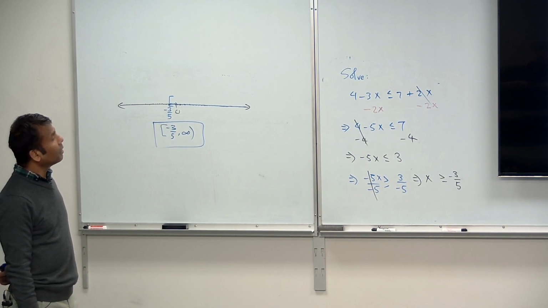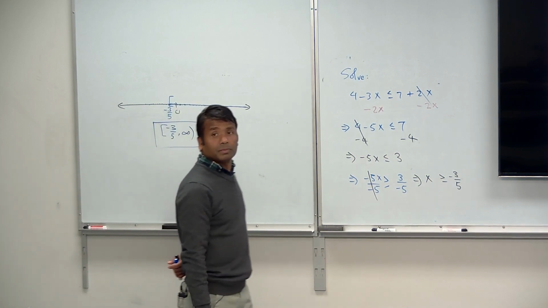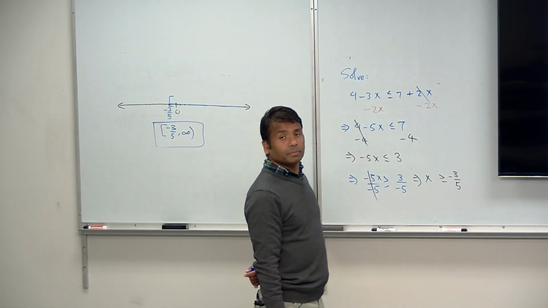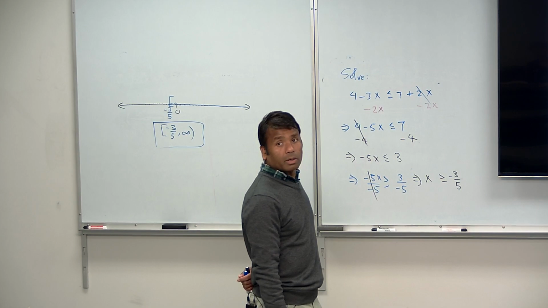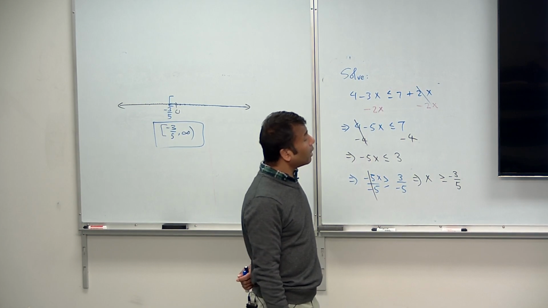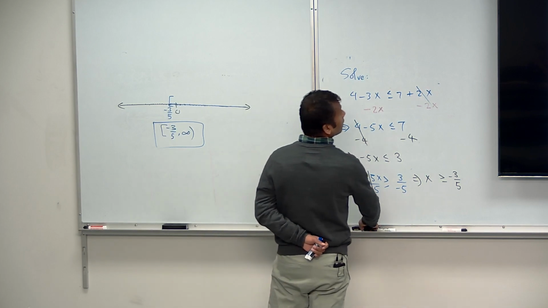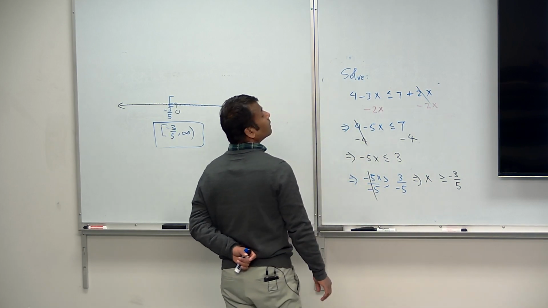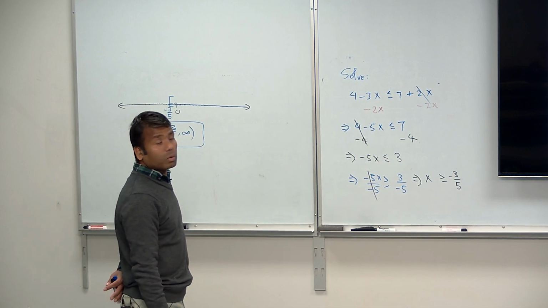Okay. Now, can you read this problem? So you see that your revenue and the cost of a certain product are given by R equal to 4x and C equal to 2x plus 1,000, where x is the number of units produced and sold.